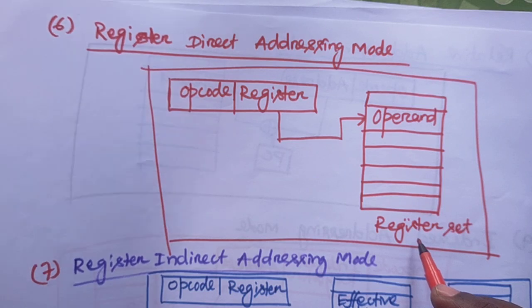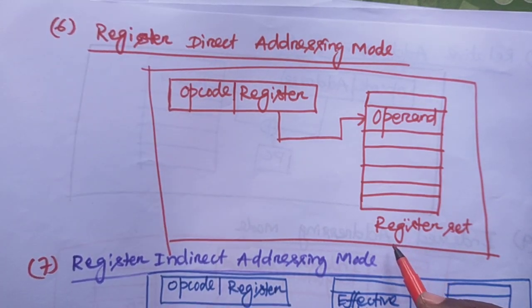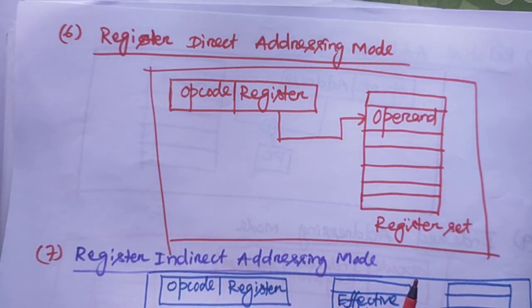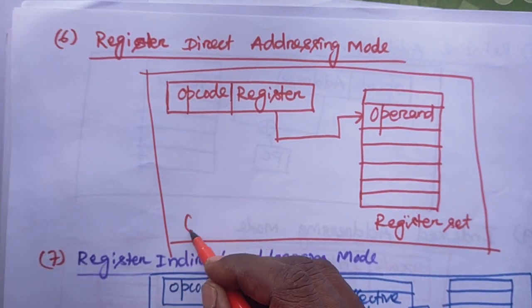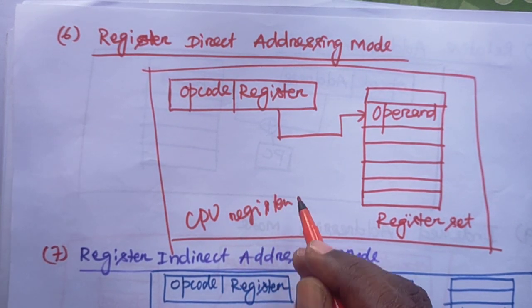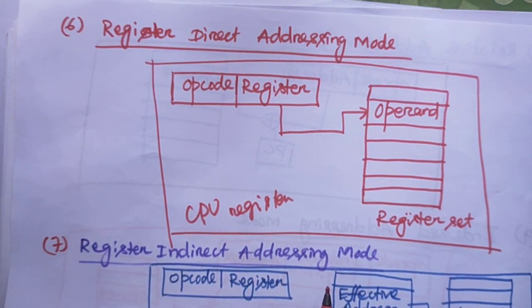So if we go through register direct address mode, we use only registers. And similarly no reference to memory is required because we use registers only. We use the CPU register, no memory is required.